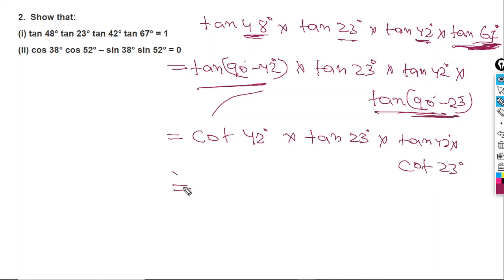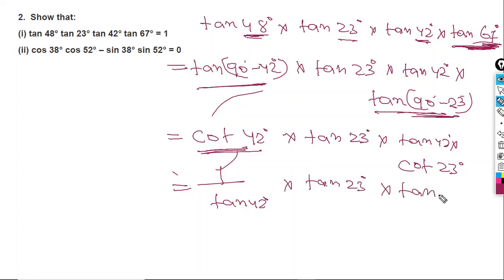Now we can convert all the cot ratios into tan. So cot 42 is equal to 1 by tan 42 degree, into tan 23 as it is, into tan 42 degree, into cot 23 which can be written as 1 by tan 23 degree.